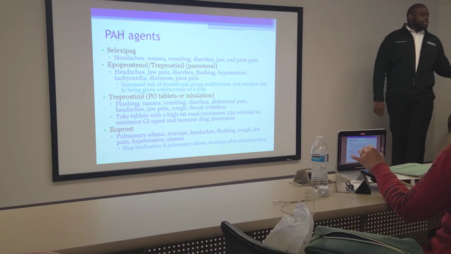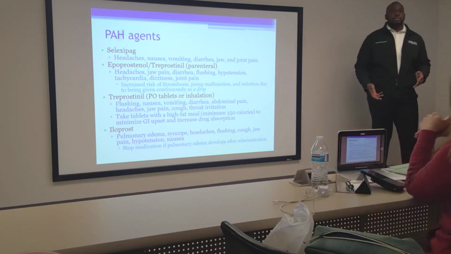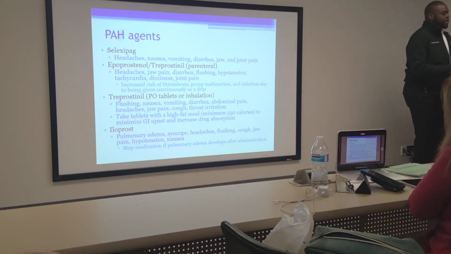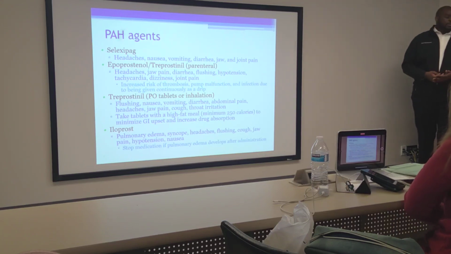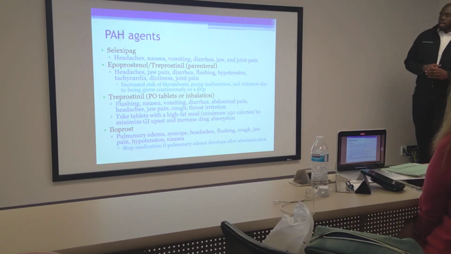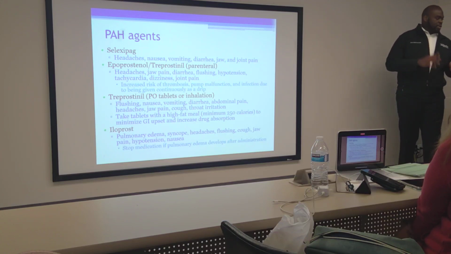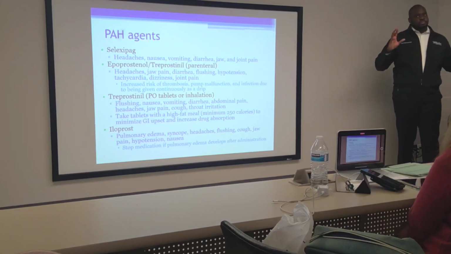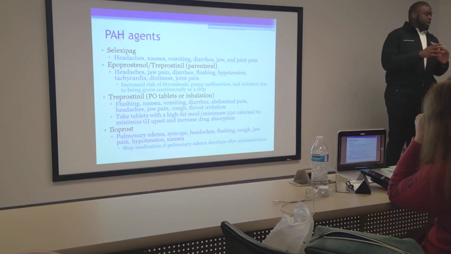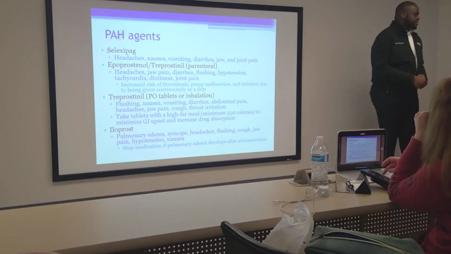Now, for treprostinil, both the PO tablets and the inhalation, the flushing, nausea, vomiting, diarrhea, abdominal pain, as well as headaches, jaw pain, cough, and throat irritation are all side effects you'll see with treprostinil through the PO route.